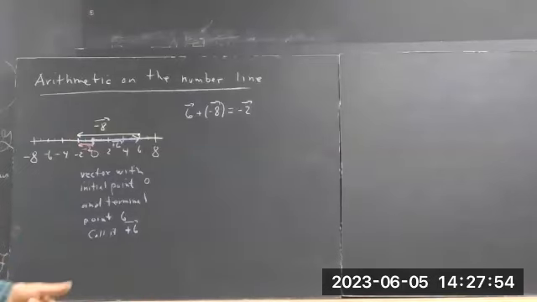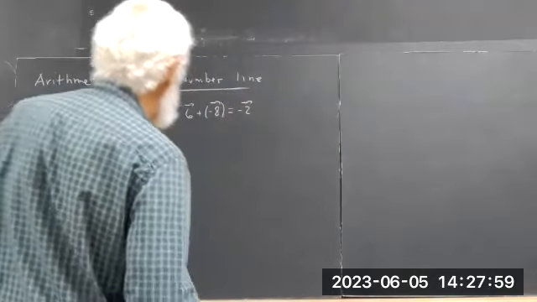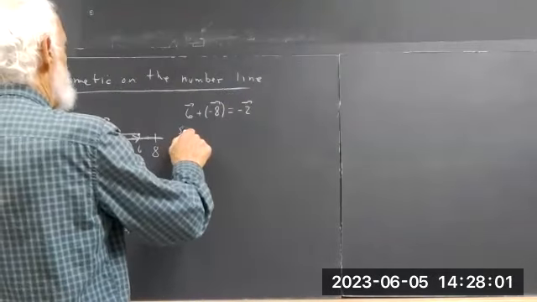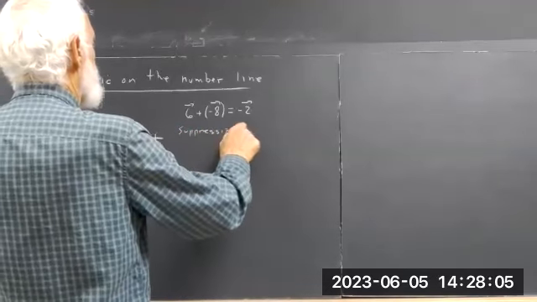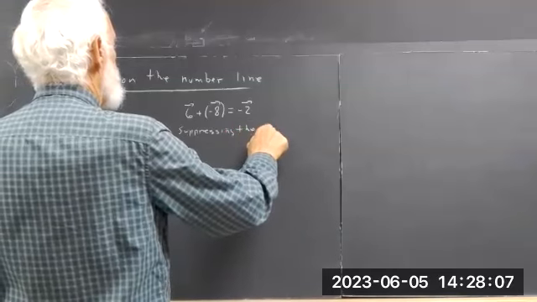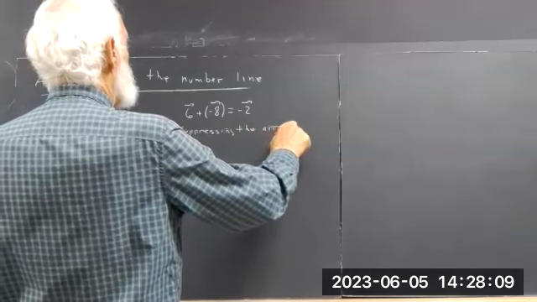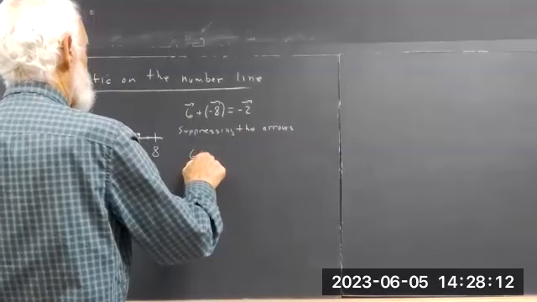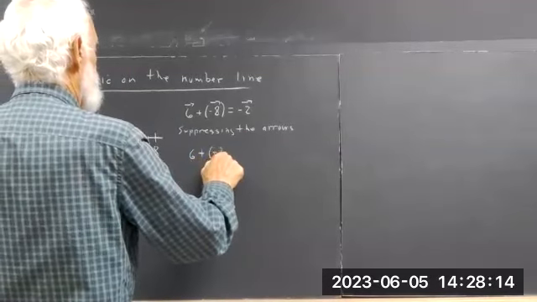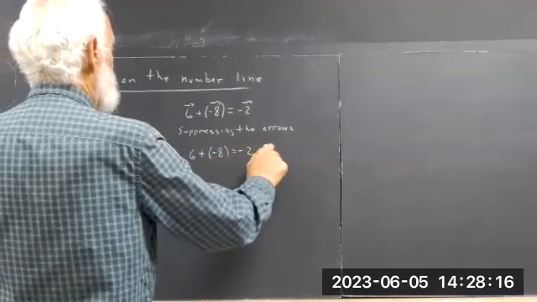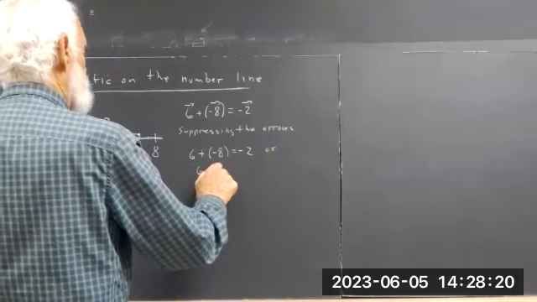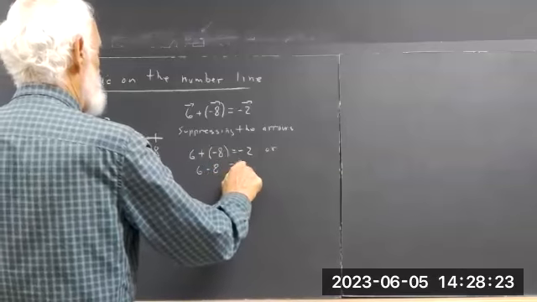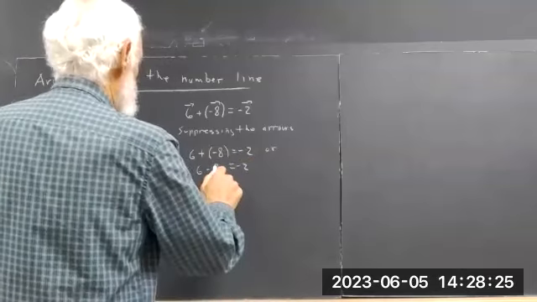Now, we don't really need vectors to do this. Okay, we can suppress the arrows. We have 6 plus -8 equals -2. And of course, 6 plus -8 is just like 6 minus 8 equals -2.